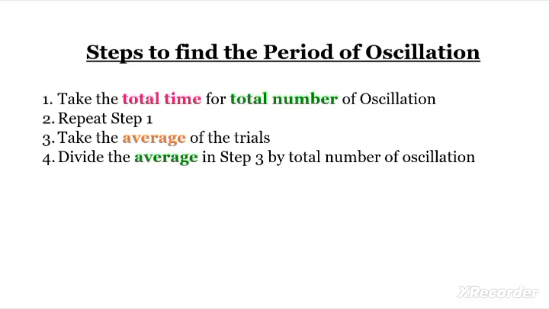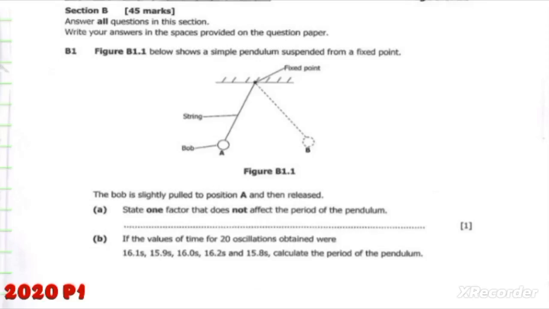The average we are talking about here is time. So we need to divide time by number of oscillations.